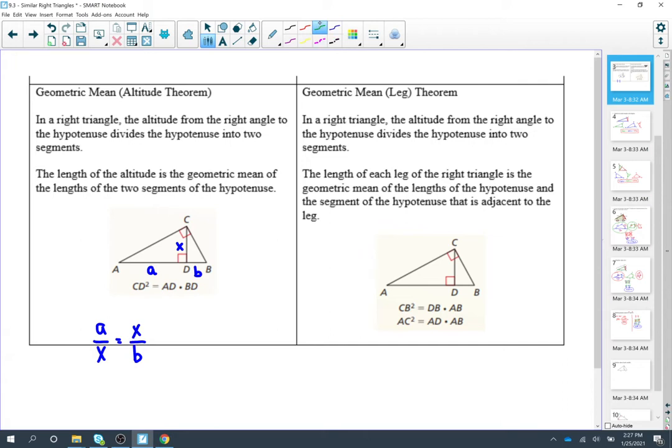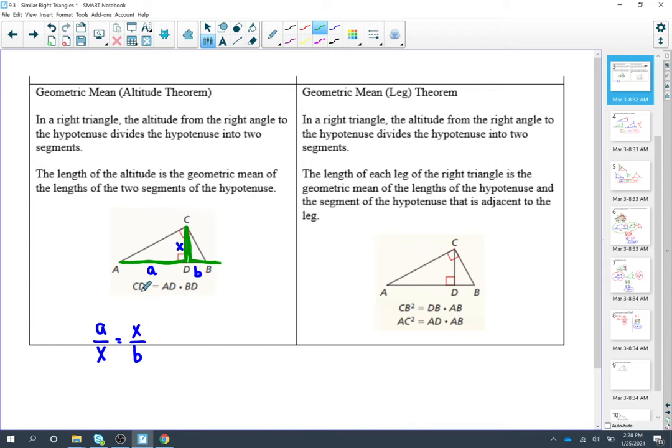Think about a heartbeat or a heart monitor. If someone's on a heart monitor in the hospital, doesn't it go over, up, down, over, like a heartbeat? This one's like your heartbeat, because as you trace along it, you have A over X equals X over B. If you're solving for X, that's your geometric mean.